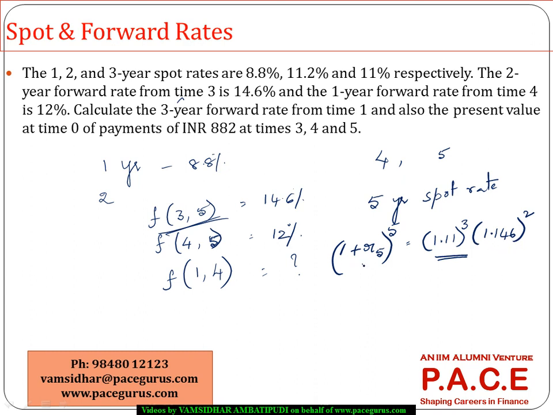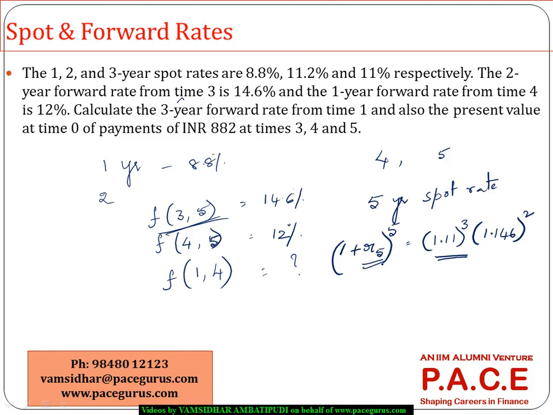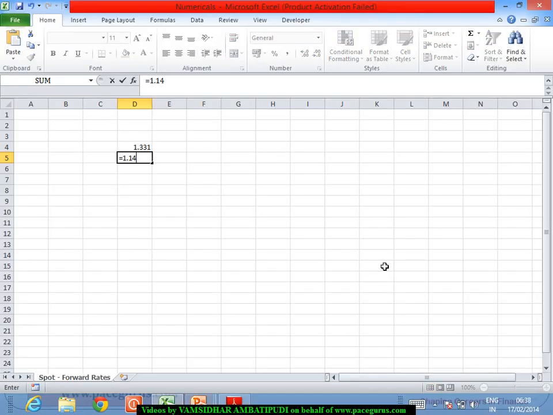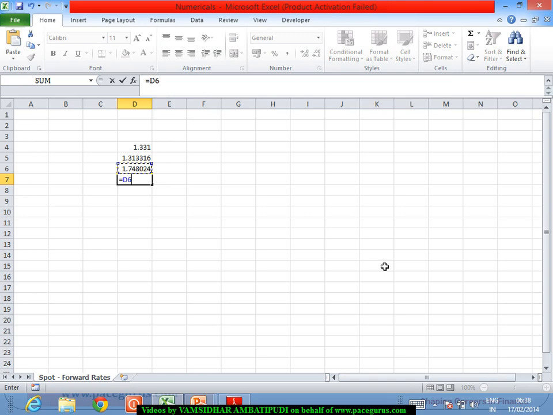So this will help me in arriving at R5. So how do I get my R5 here? First, 1 plus R5 to the power 5 is what I will try to find out, which will help me find 1.11 cubed times 1.146 squared. Then I am multiplying these two, giving 1.74. This has to be raised to the power of 1 by 5.